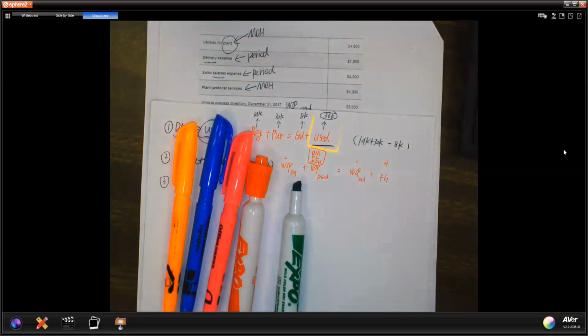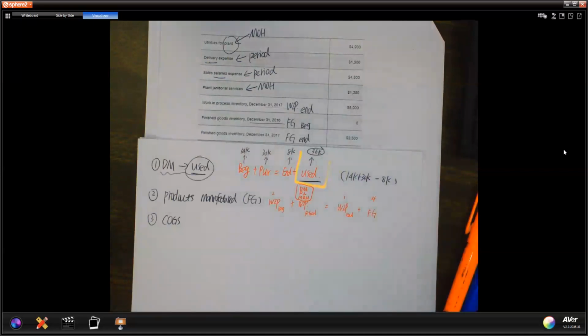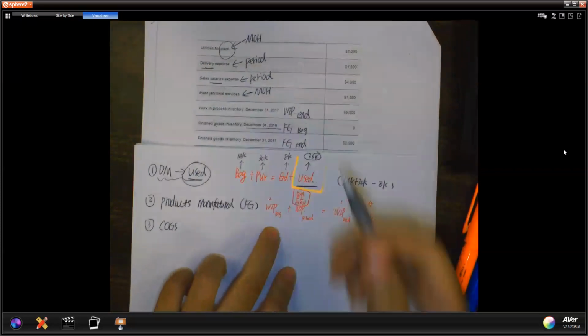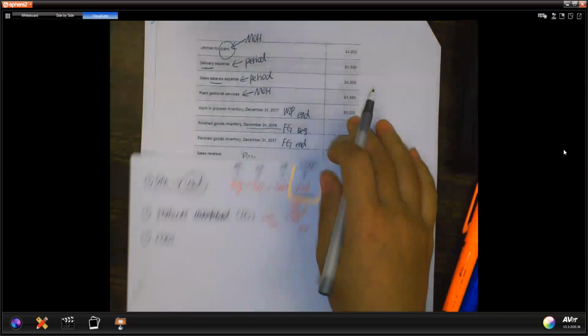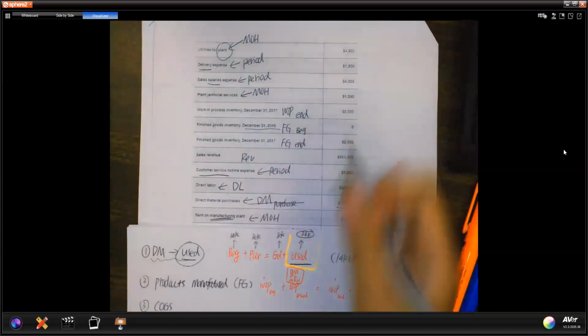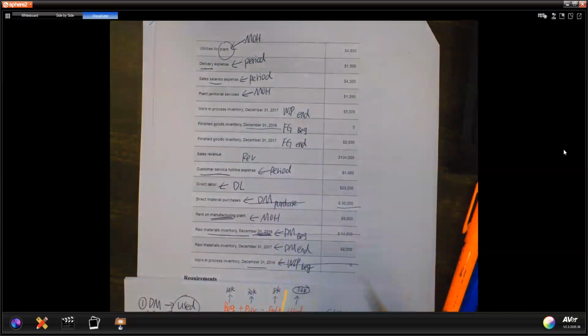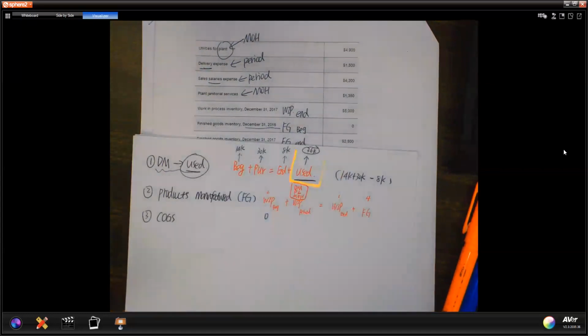So let's put the numbers, okay? We look at the information about work in process. At the beginning, our work in process is 0 because it's a new company. There was no work in process at the beginning.